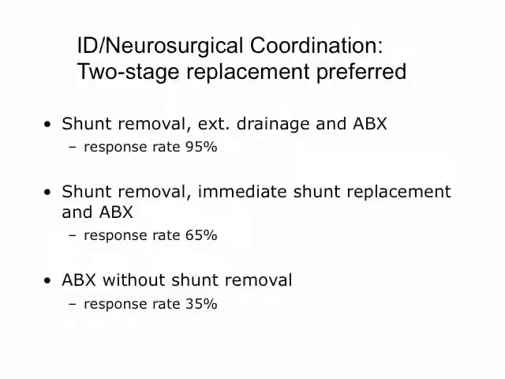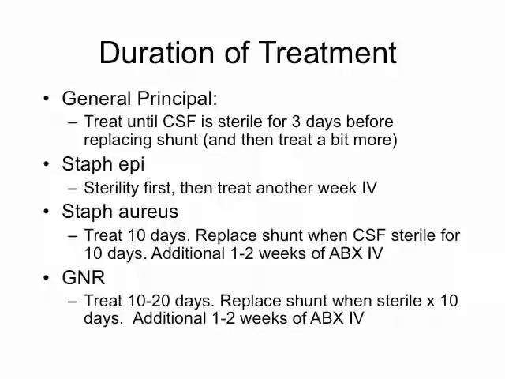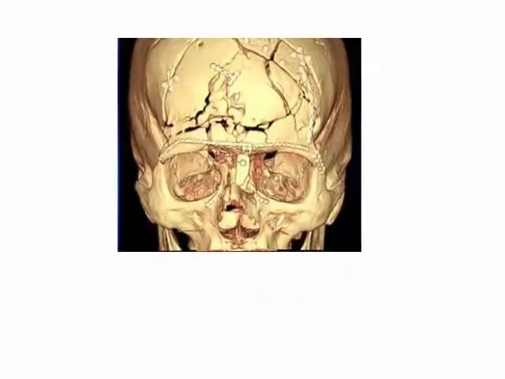Ideally, you just want to remove the entire shunt once you've finished treating it, and you replace it with a totally new shunt. That is really the optimal way to do this. You get a response rate of 95%. If you try and preserve any bit of the shunt, you always have a much reduced response rate. And I'm not going to dwell on the duration. That's also, I think, in the IDSA document.